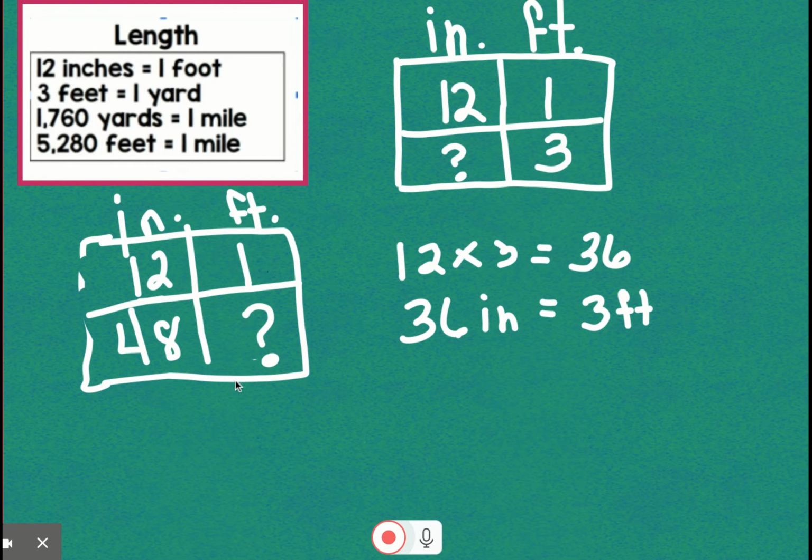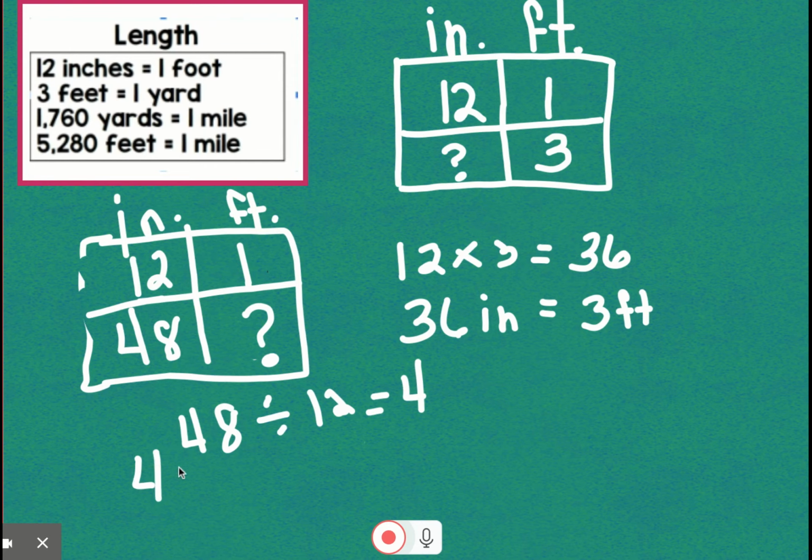So in this case, I need to divide. So 48 divided by 12. And that equals 4. So this means 48 inches equals 4 feet.